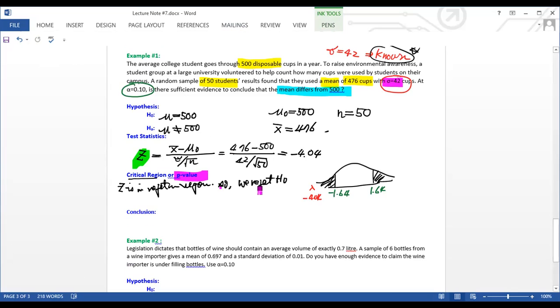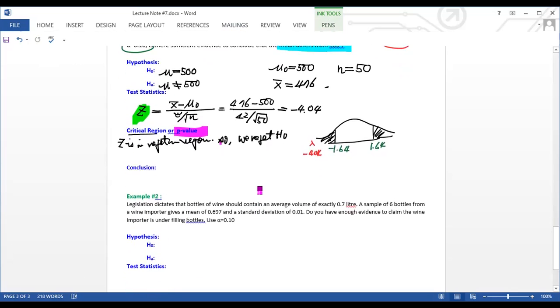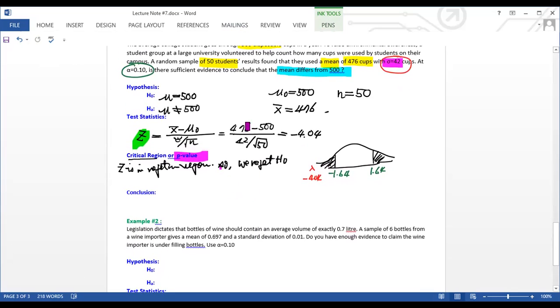Let me show you how to use the TI-84 calculator. Let's go to the TI-84 calculator. Let me find where my calculator is.